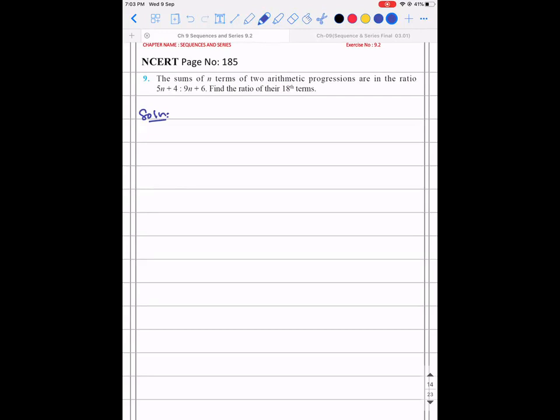Find the ratio of their 18th terms. Let the first terms be a1, a2 respectively, and common differences be d1, d2 respectively in both the sequences.